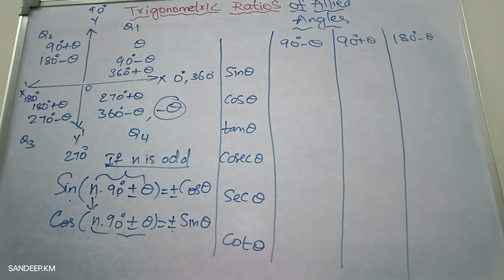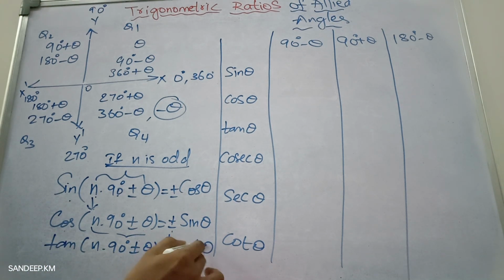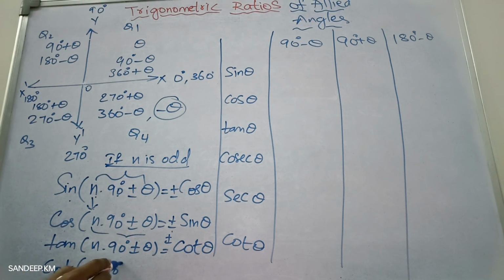Next, similarly, tan of n times 90 degrees plus or minus theta, if n is odd, tan becomes plus or minus cot theta. And similarly, cot becomes tan theta with plus or minus sign.